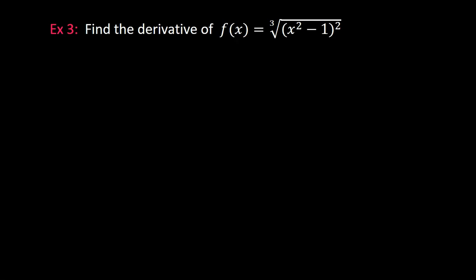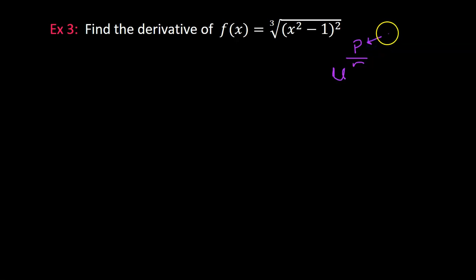Before we do example 3, I need to do a brief review on the relationship between radicals and fractional exponents. So remember, imagine that we have u to the p over r power. When you have a fractional exponent, the numerator and denominator are in the form power over root.